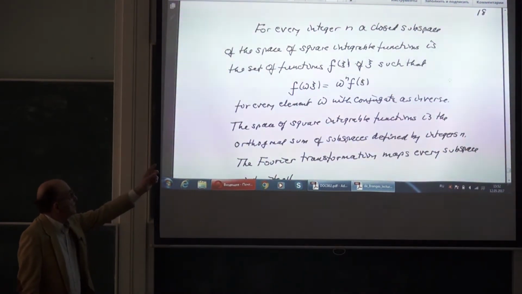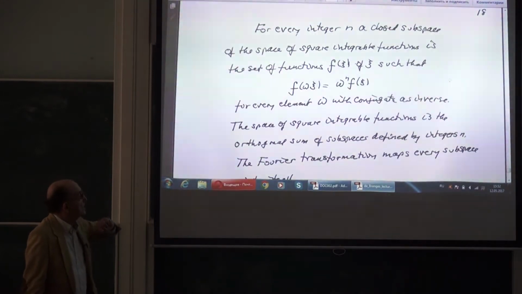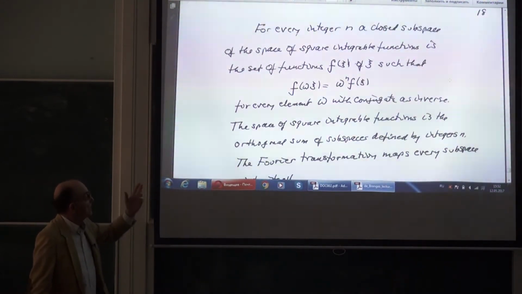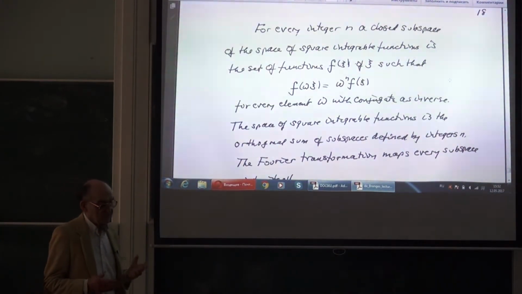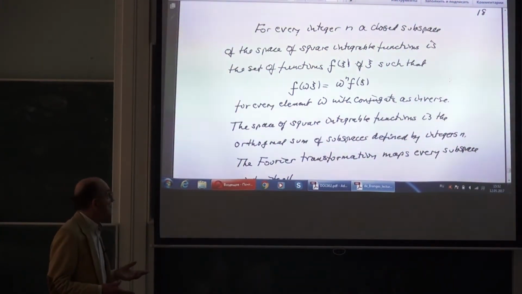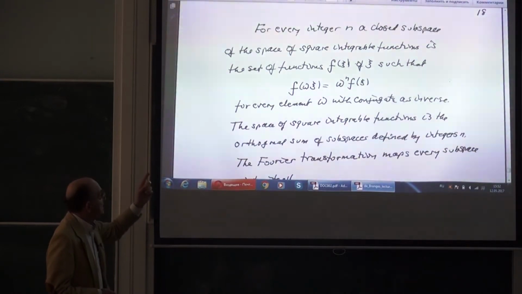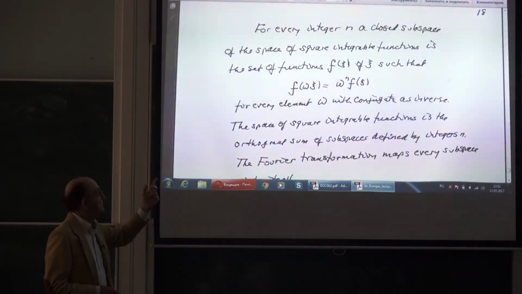In the space of square integrable functions, you have the space as the orthogonal sum of subspaces defined by the integers n, and the functions that belong to the subspace have the property that when you multiply the argument by omega, omega is a number of absolute value 1.